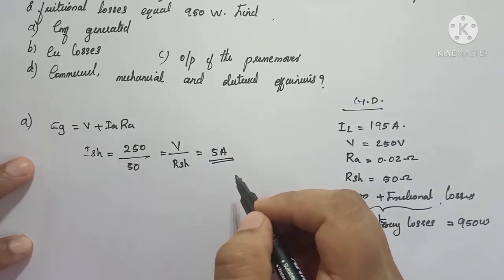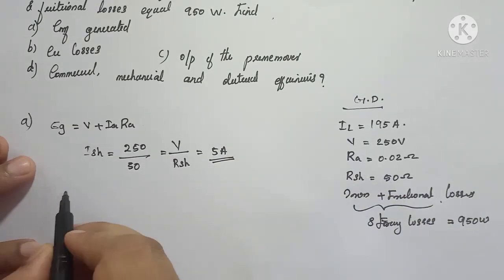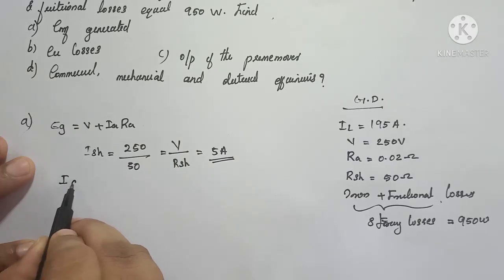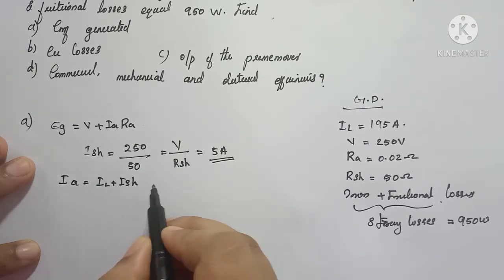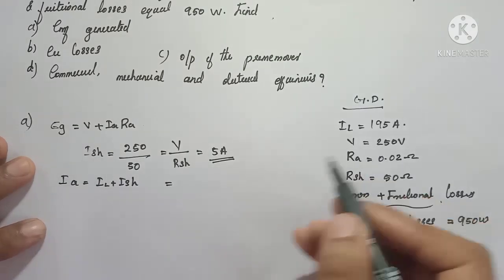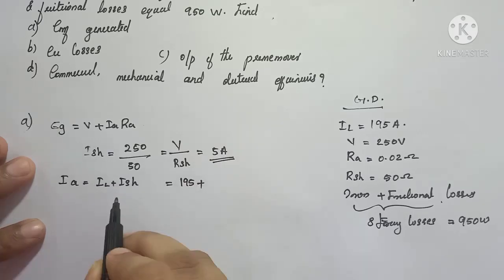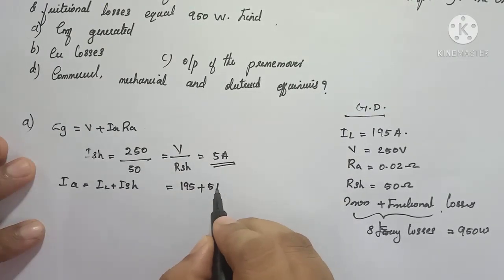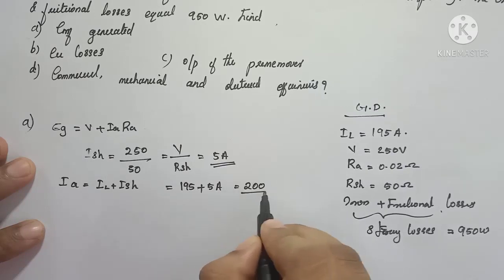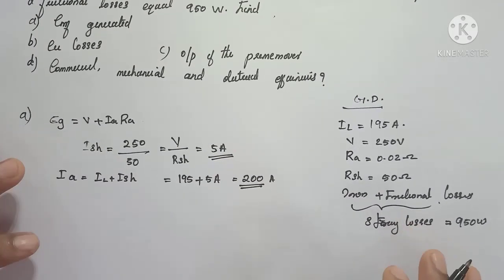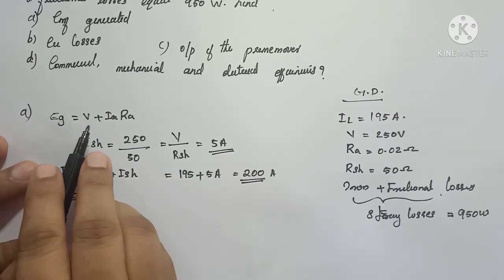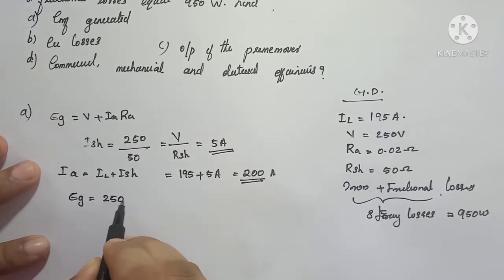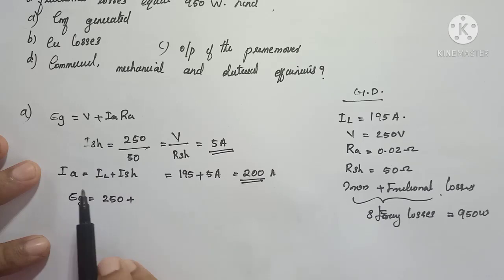So 5 ampere is the shunt field current. From this we can calculate Ia is equal to IL plus Ish. IL is already given, that is 195 plus Ish 5 ampere. So we will get 200 ampere as the armature current. So directly we will get Eg is equal to V plus Ia Ra, V is 250 plus Ia into Ra.